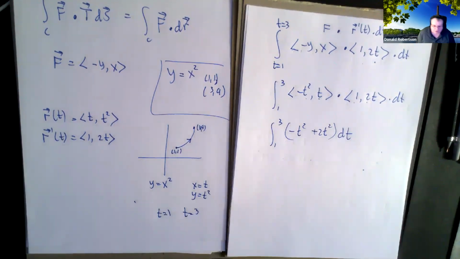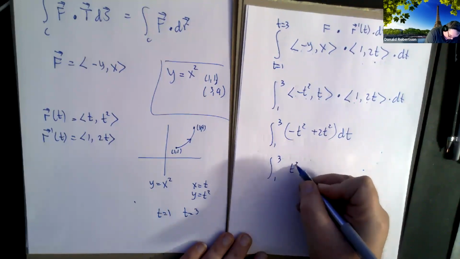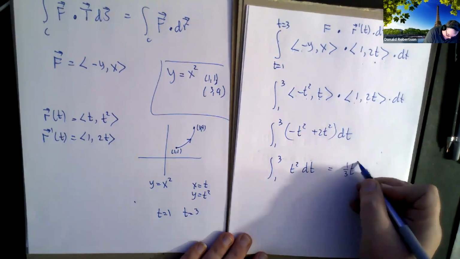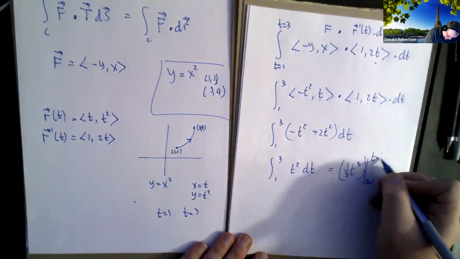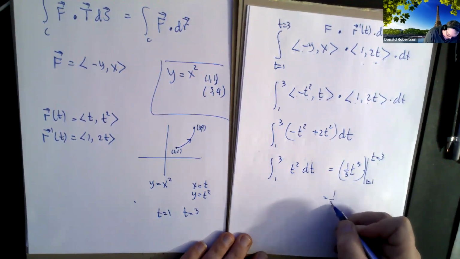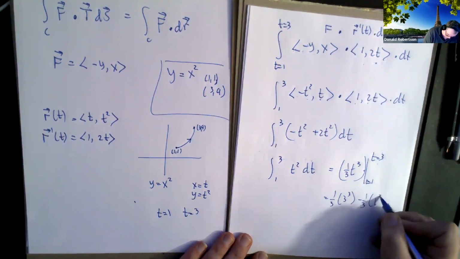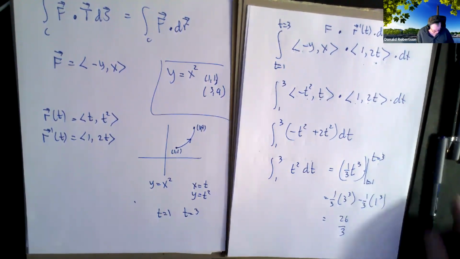And now we have a nice good old fashioned single integral, which can be simplified. Power rule, from 1 to 3. I may as well keep going. 3 cubed, 1 cubed, 26 thirds.